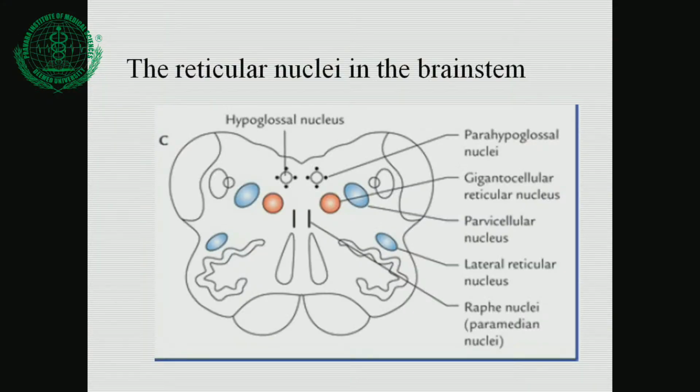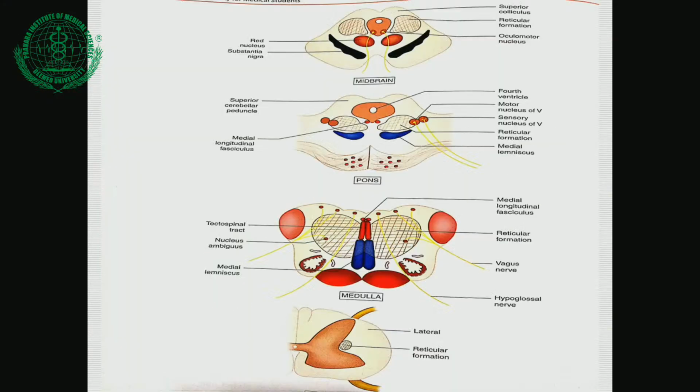Now we will discuss other parts. These are the sections: the midbrain, pons, medulla, and the cervical part of the spinal cord. Here is the reticular formation present in the midbrain. Here is the reticular formation present in the pons.